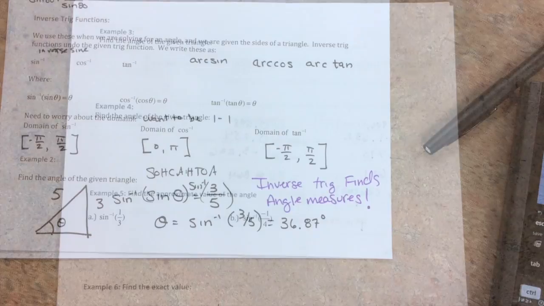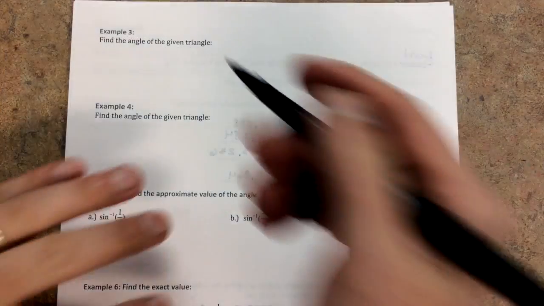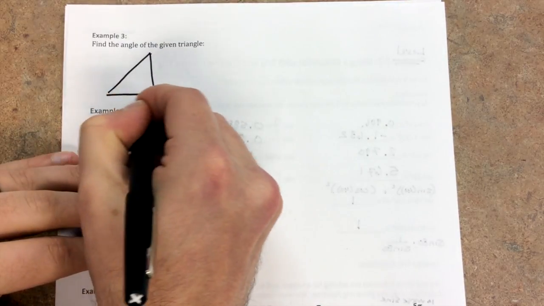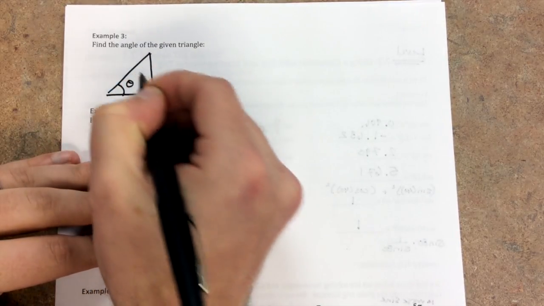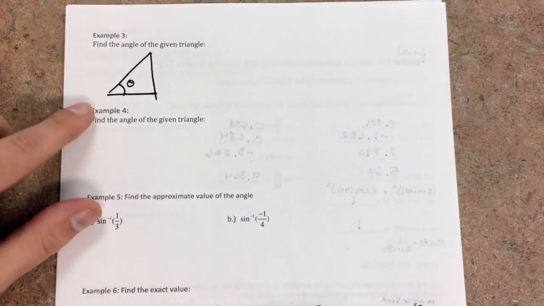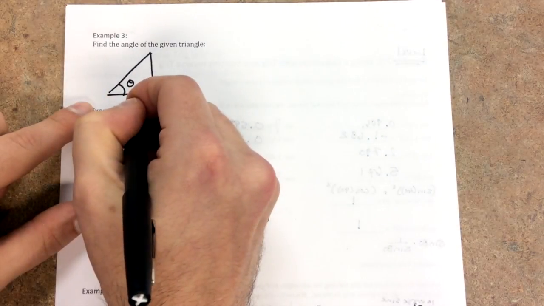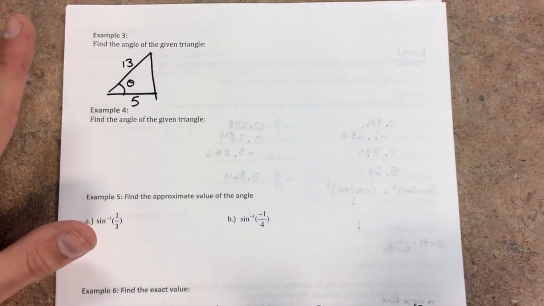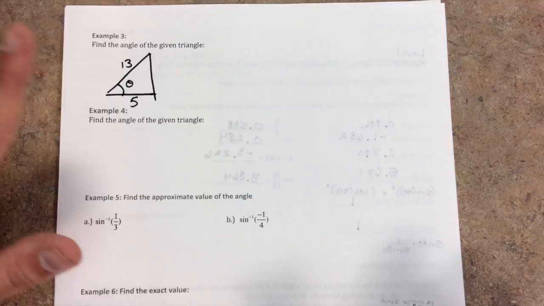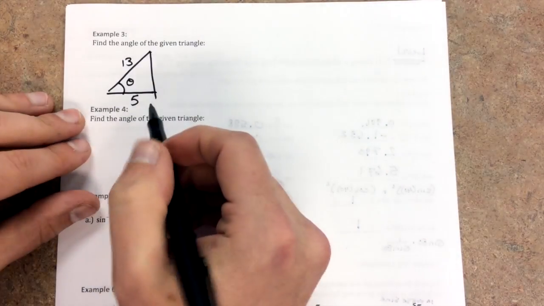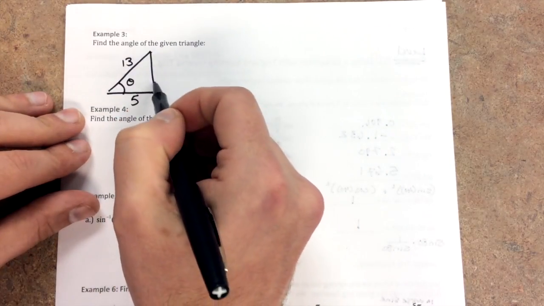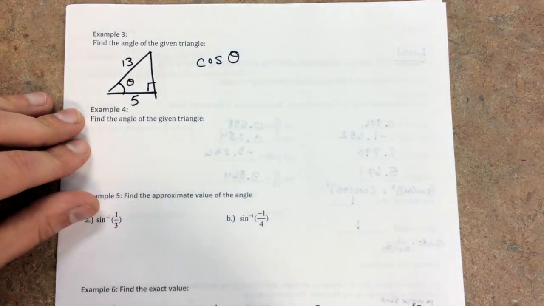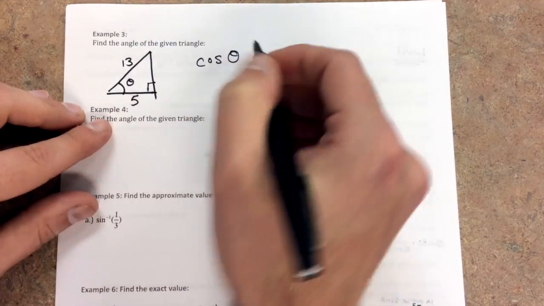Okay, let's flip it over. So with example 3, let's try another triangle. And for us, just getting used to this, we're going to keep them all in the first quadrant. So given this triangle, let's say this is 5, this is 13. If you don't want to have to do any work, what trig function should you use? Well, here we have the adjacent side and the hypotenuse. So the easiest trig function we could use is cosine, adjacent over the hypotenuse.